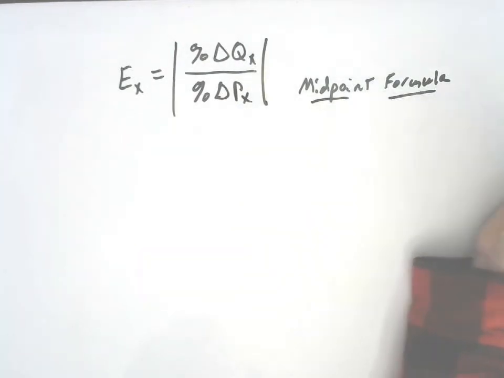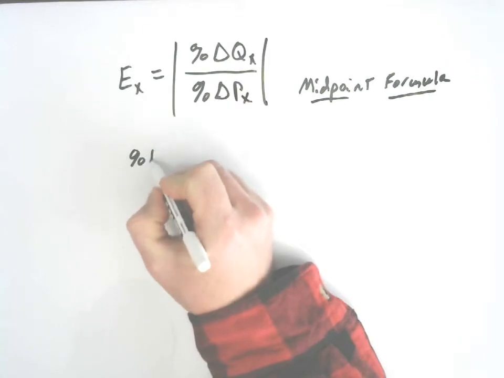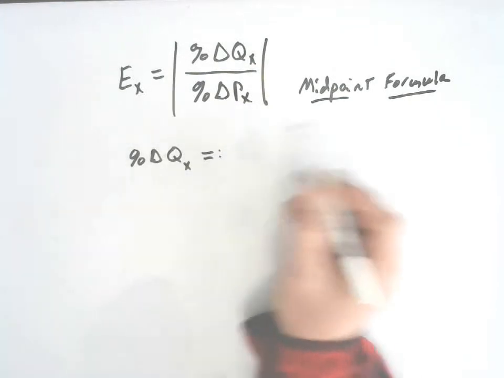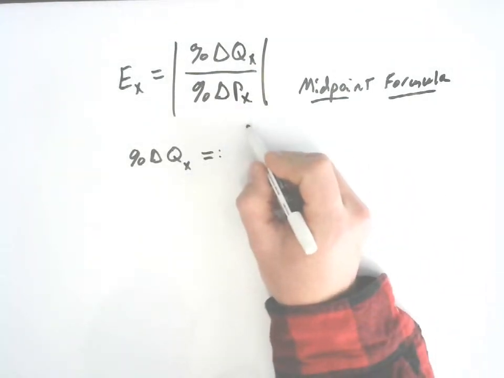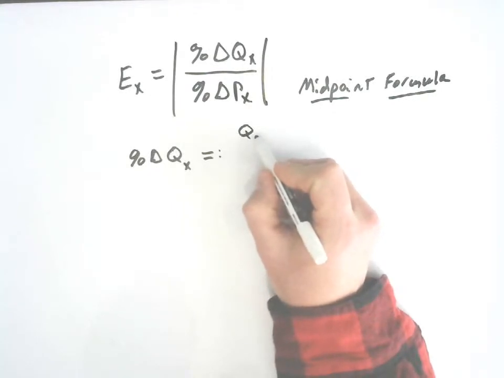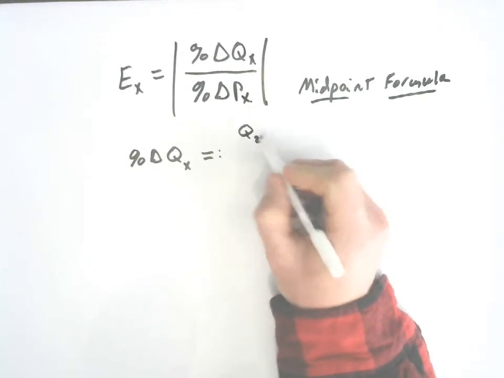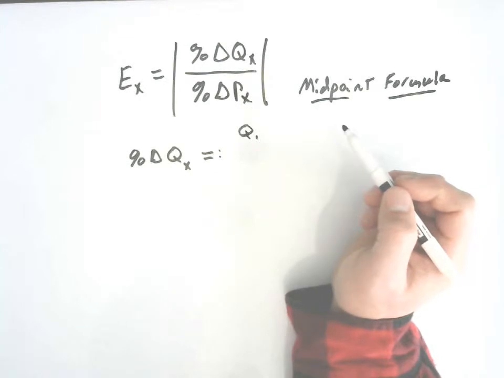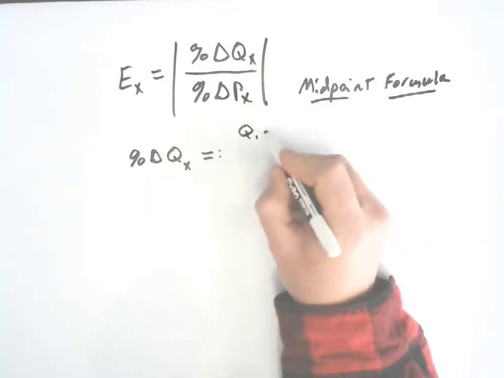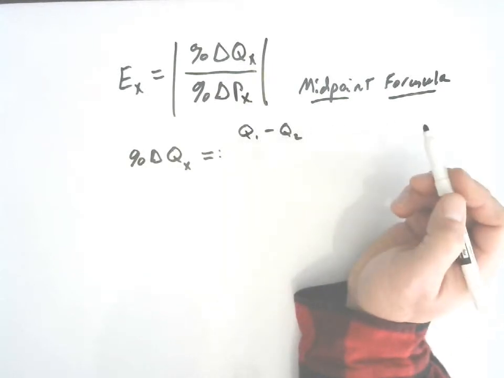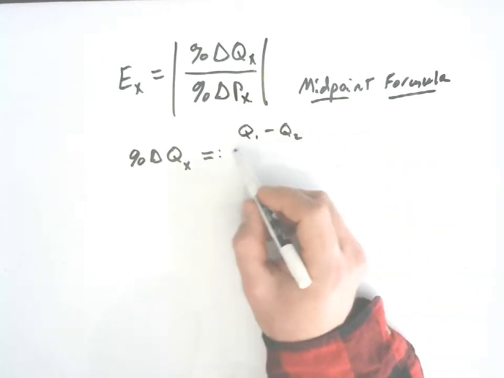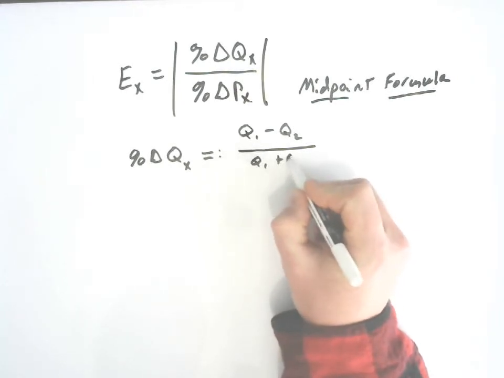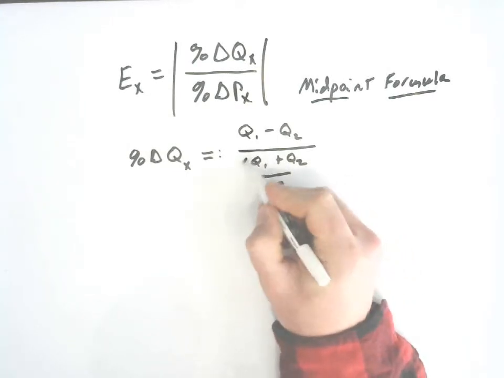The midpoint formula goes something like this. The percentage change in quantity demanded of QX can be represented as some change starting at a position of quantity demanded Q1, subtract from that your second position, quantity demanded Q2, and then divide that by Q1 plus Q2, divided by 2.